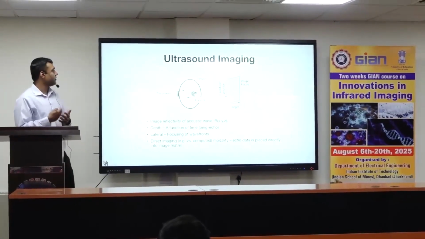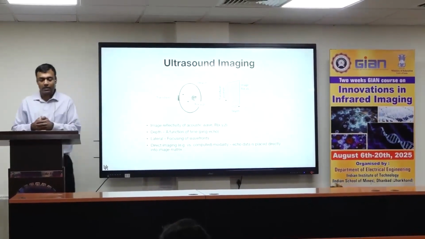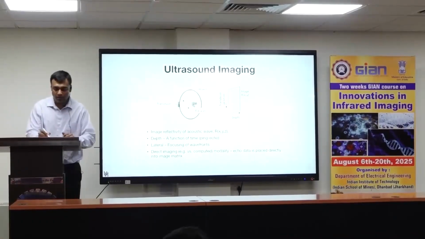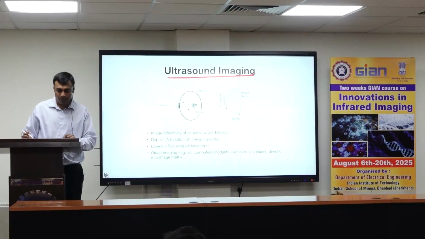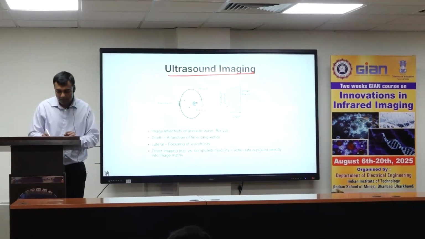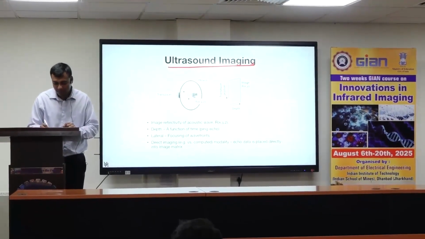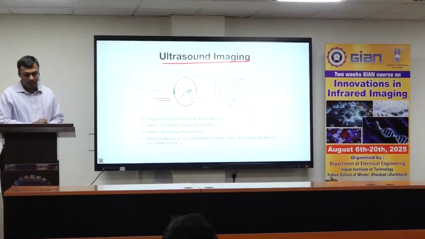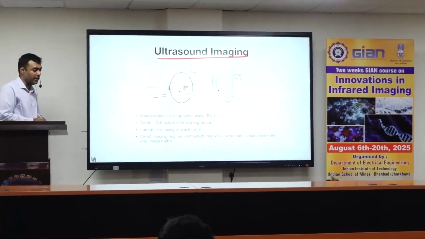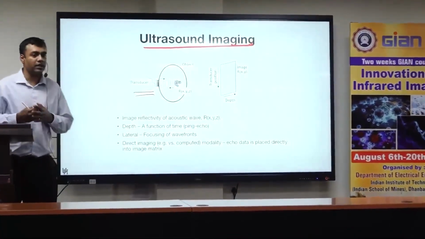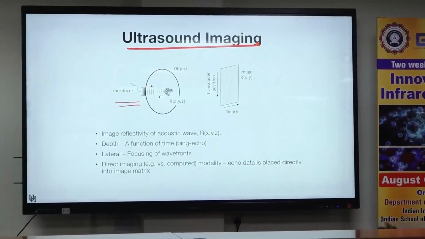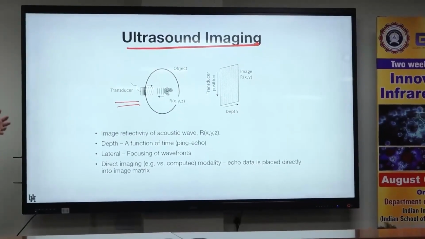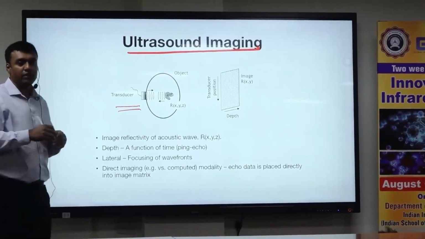So the next imaging method I wanted to talk to you about is ultrasound. This uses sound and not light. The idea here is that you have what's called a transducer. The underlying principle is probably familiar to many of you.